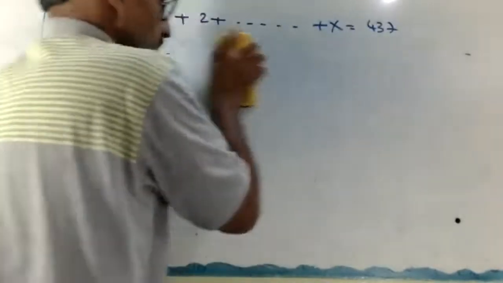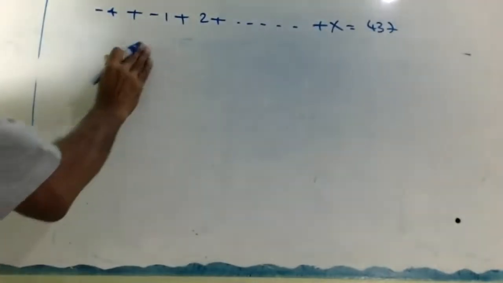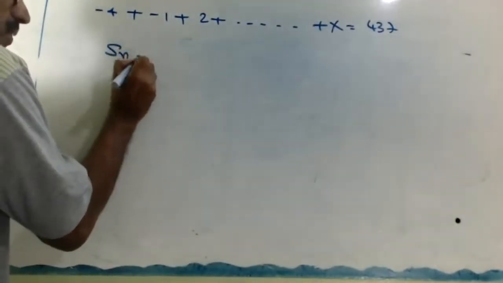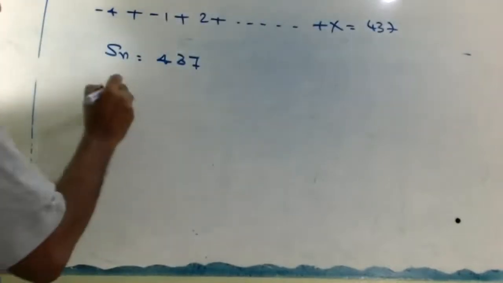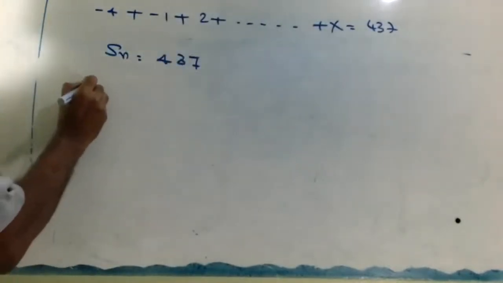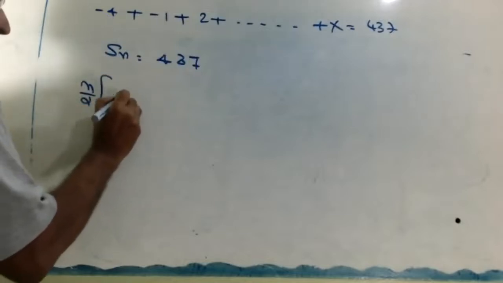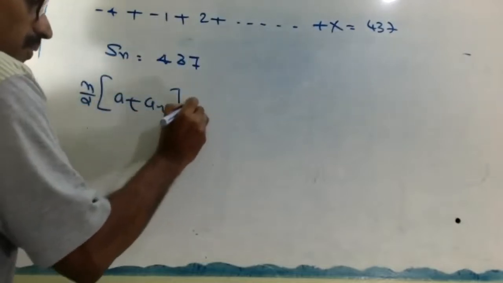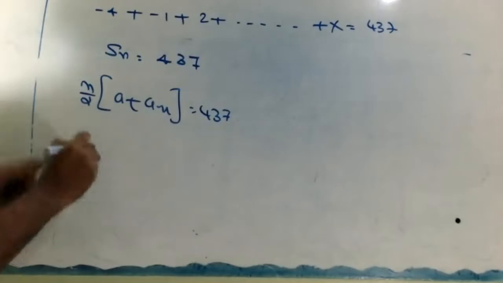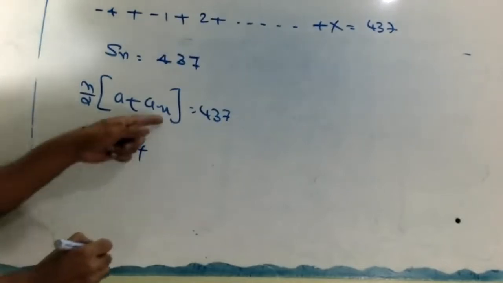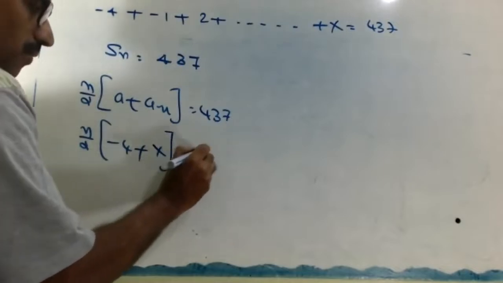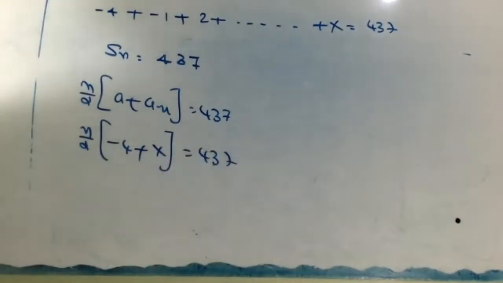Actually, Sn equal to 437. That is n by 2 into a plus an equal to 437. N by 2 into -4 plus x equal to 437. Only the missing x you have to find out.